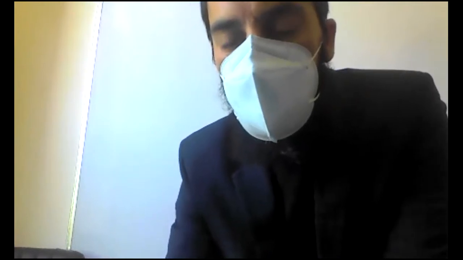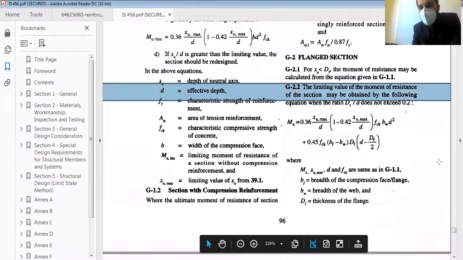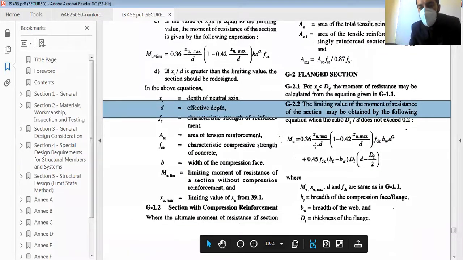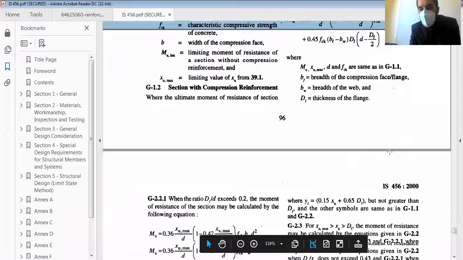So in annexure G, you had this mu is 0.36, xu max by d was the equation when df by d did not exceed 0.2.